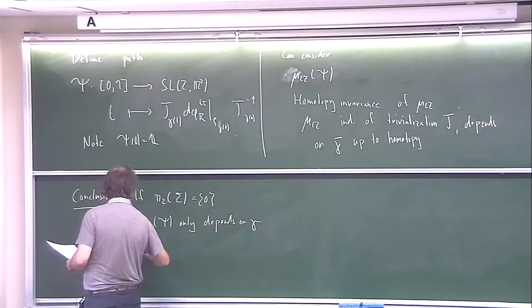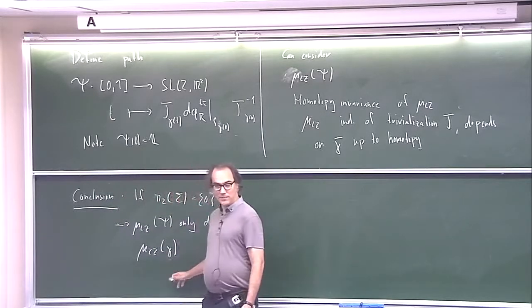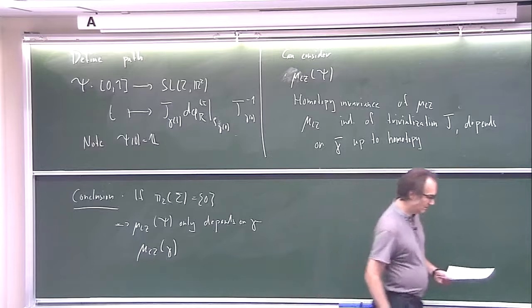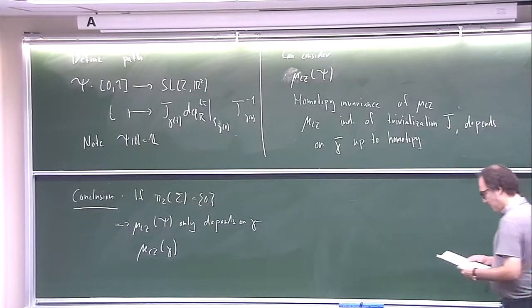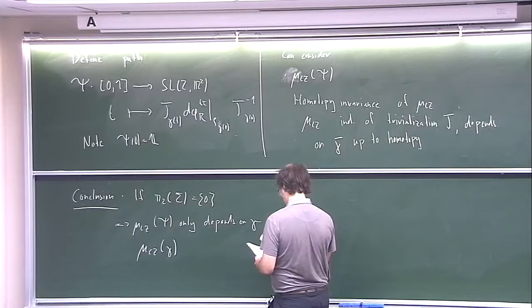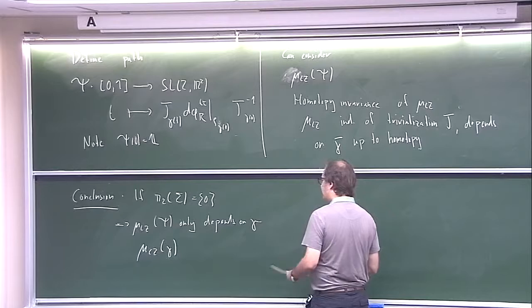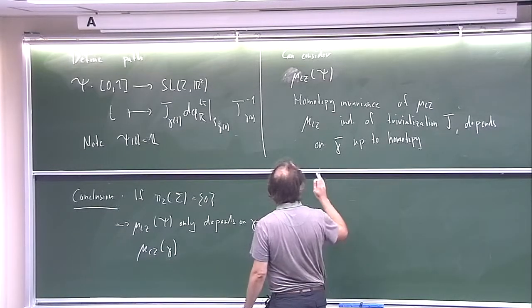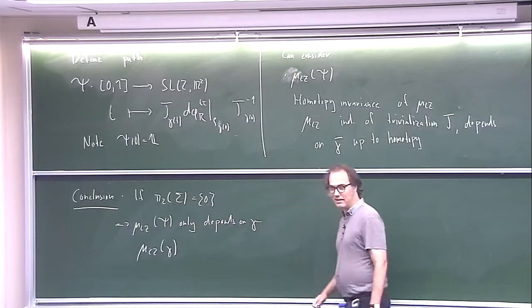So it makes sense to talk of the Conley-Zehnder index of a periodic Reeb orbit. And so let me assume in the following that sigma is S3. So then we don't have this kind of problem. So we always have a well-defined Conley-Zehnder index.